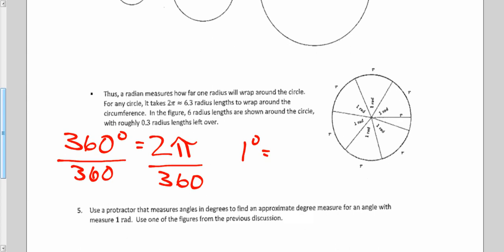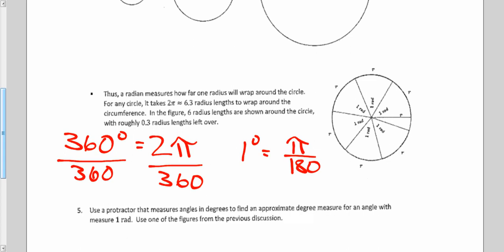What is it, Brooke? Pi over 180. So if I have a degree measure and I want to convert it to radians, what do I multiply it by?